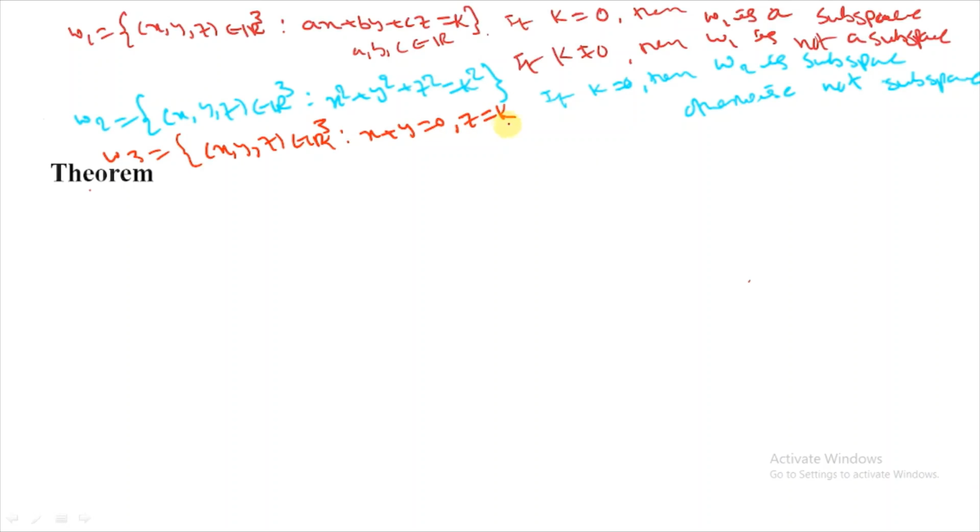This also, if k is 0, is a subspace, otherwise not a subspace. You can give any counter example.